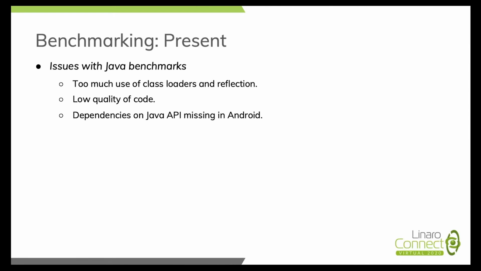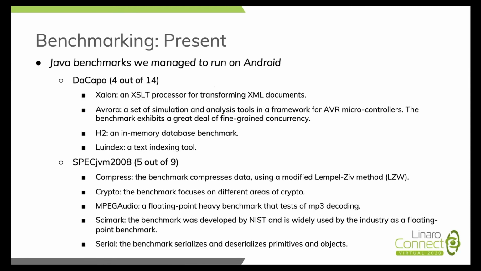So this makes it problematic to reuse them on Android. Nevertheless, we managed to run some of those benchmarks on Android. For DaCapo, we managed to run 4 out of 14. For SPECjvm, it was 5 out of 9.